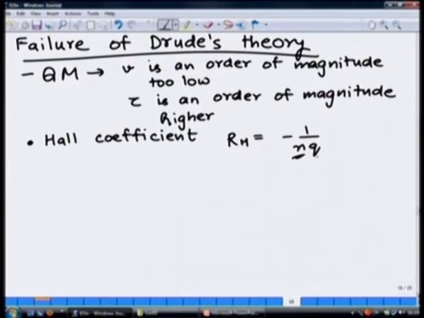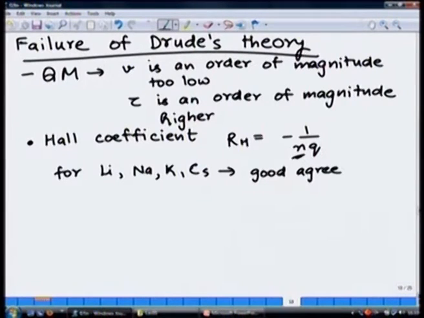What we find is n we can calculate, and for lithium, sodium, potassium, cesium, there is good agreement with measurements.